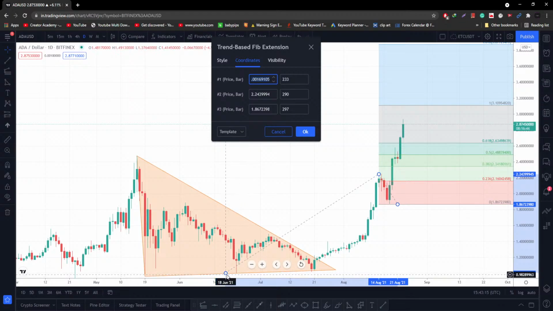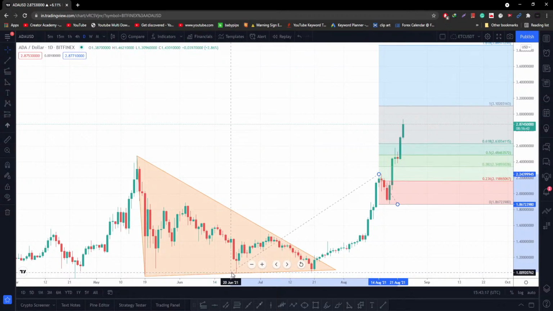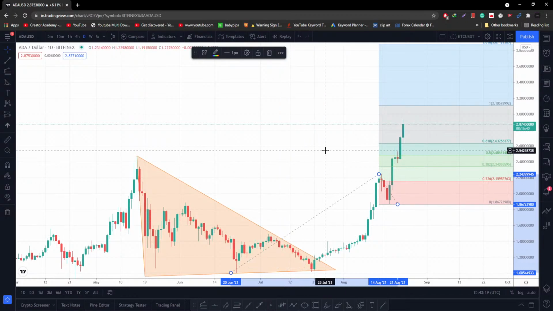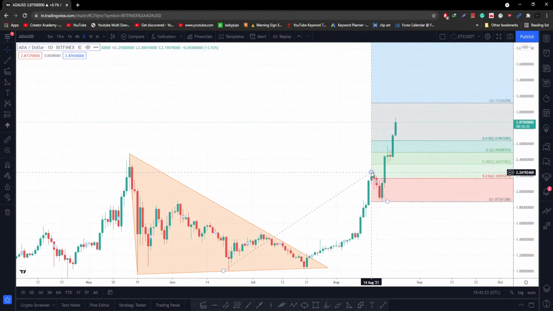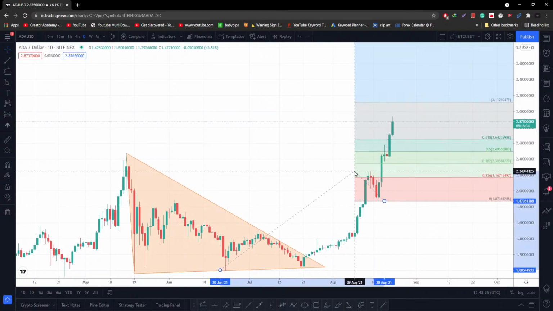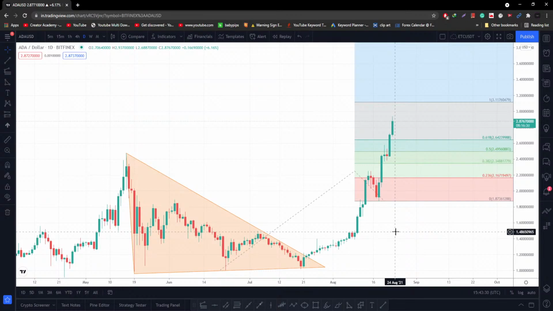What is this? All right. Almost 3.11 level is what I'm looking at.